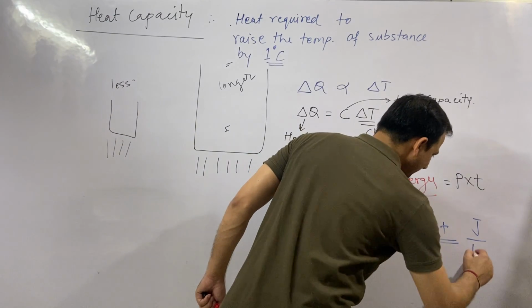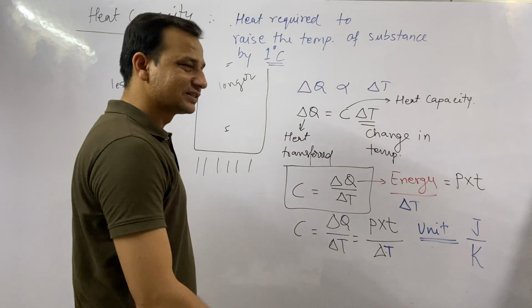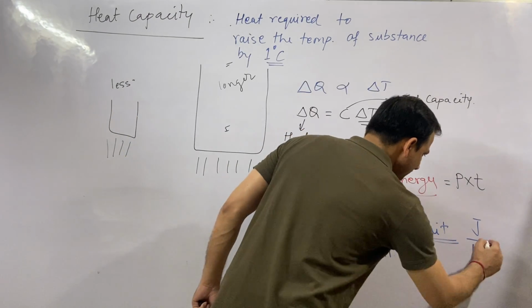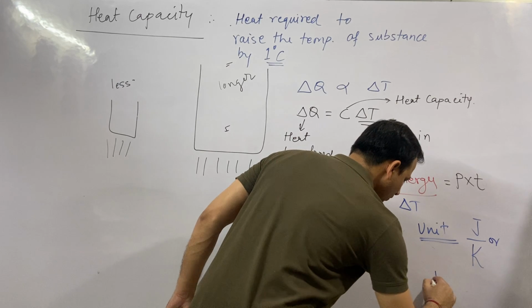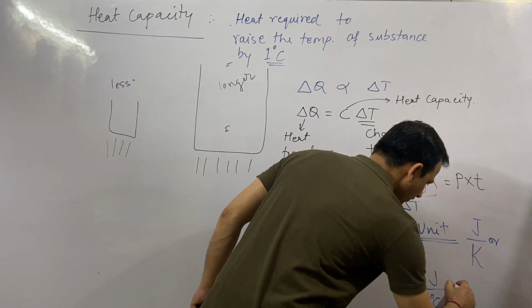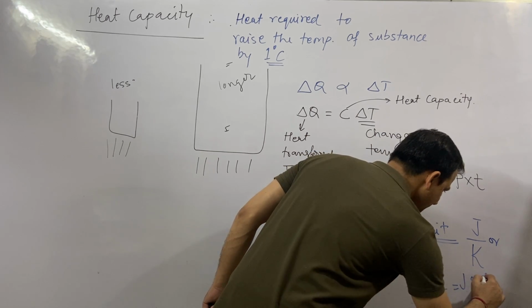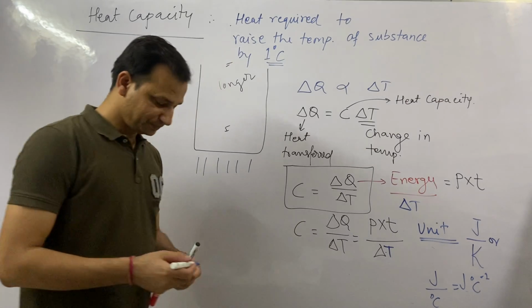So joule per Kelvin. Sometimes it may be written as joule divided by degree Celsius, or joule degree Celsius power minus 1.